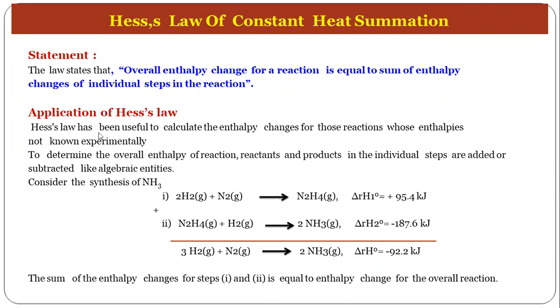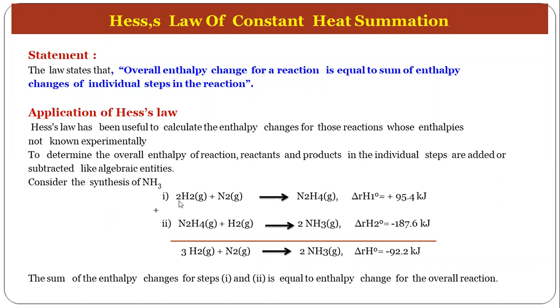Application is given. Hess law has been used to calculate enthalpy changes of reactions whose enthalpies are not known experimentally. So to determine the overall enthalpy of a reaction, reactants and products in the individual steps are added or subtracted like algebraic equations. Consider synthesis of ammonia.